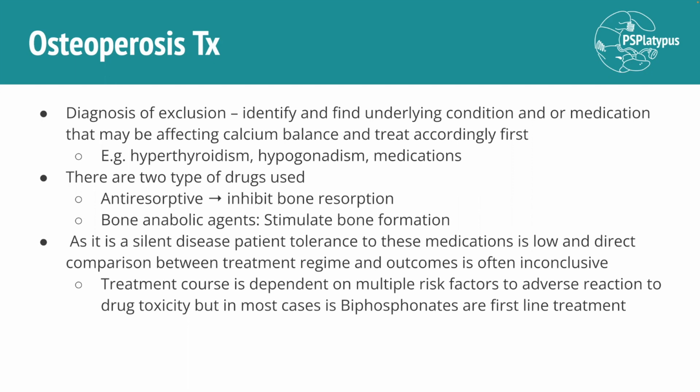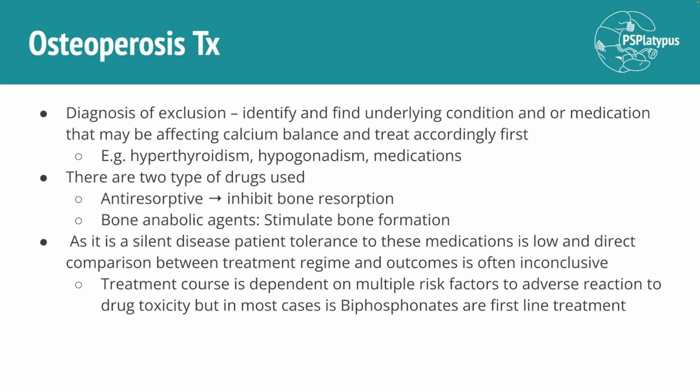And that could be hyperthyroidism or hypogonadism, which results in increased breakdown of our trabecular structures. In terms of drug treatment of osteoporosis, there are two key drug classes: anti-reabsorptive drugs, which inhibit bone reabsorption, and bone anabolic agents, which stimulate bone formation.